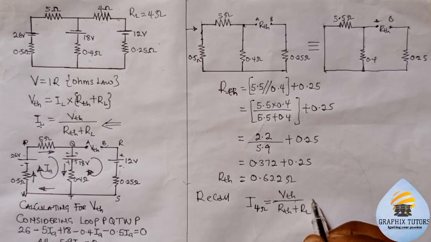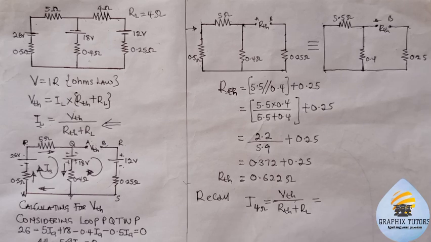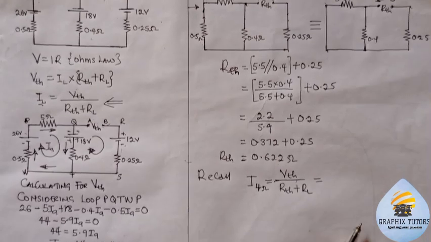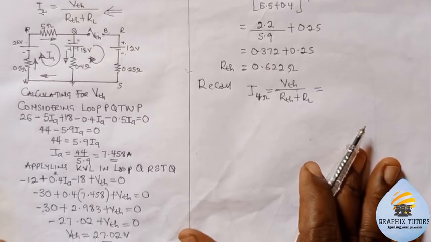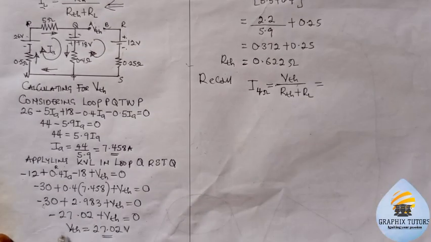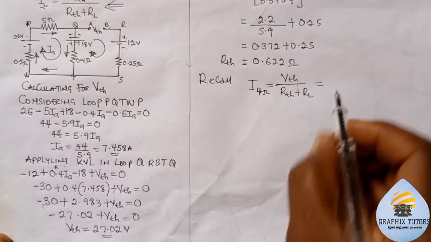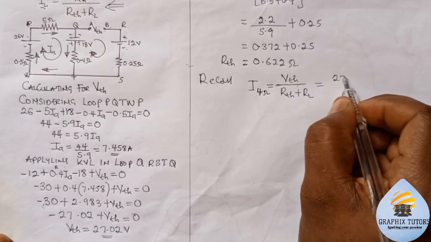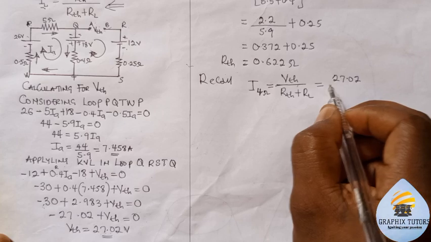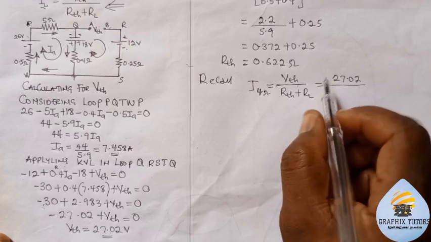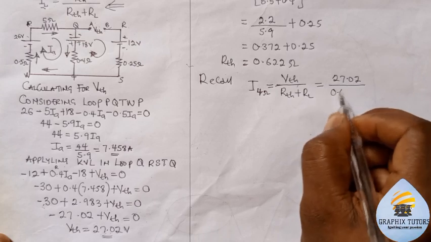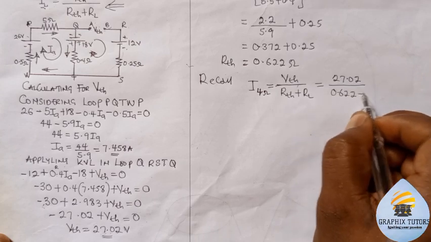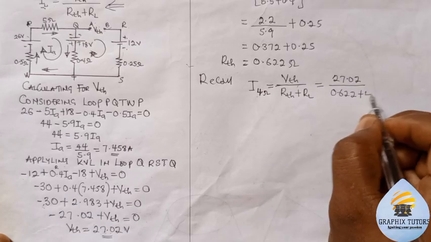Now when you do that, the VTH we calculated earlier was given to be 27.02. So if I input it, 27.02 all over the RTH, which is 0.622, plus the RL, which is the load, which is 4.